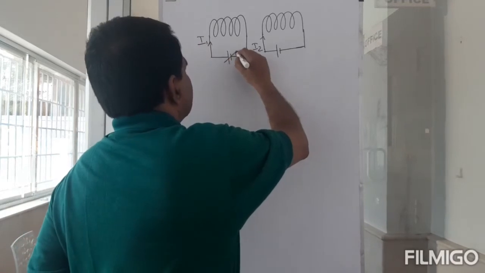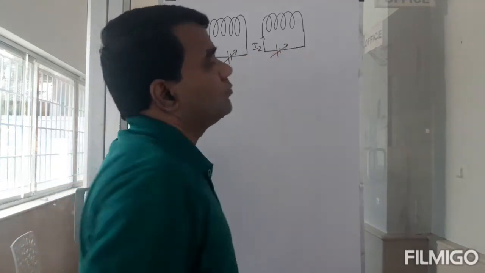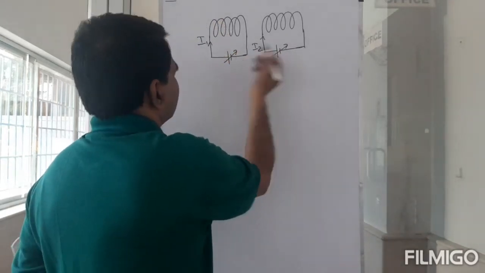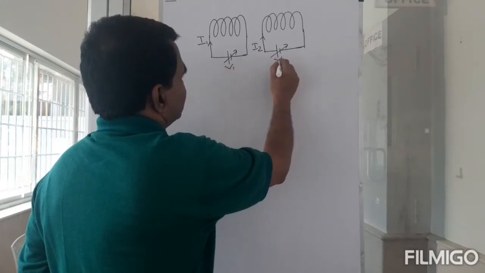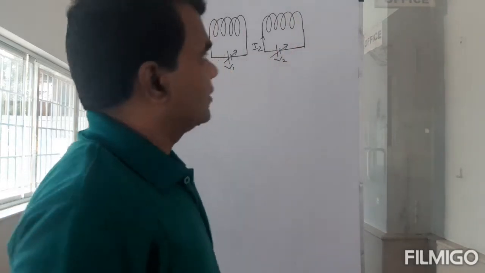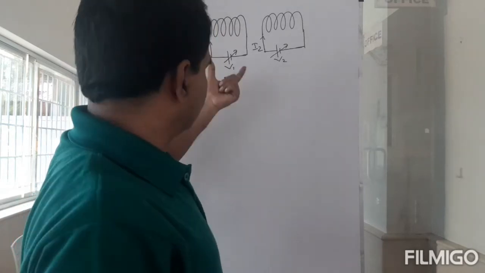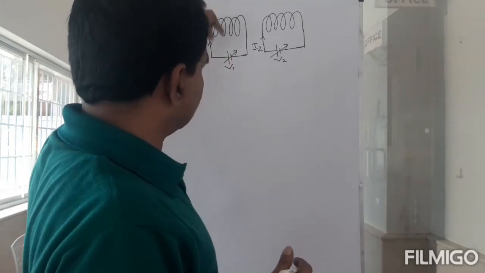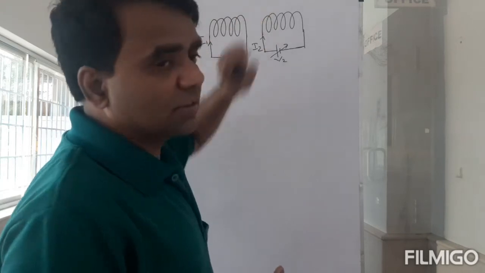Let's say I can vary this, I can also vary this. This is V1, V2, whatever. So there are two coils connected to a varying battery, where the current flowing through this is I1 and this is I2.